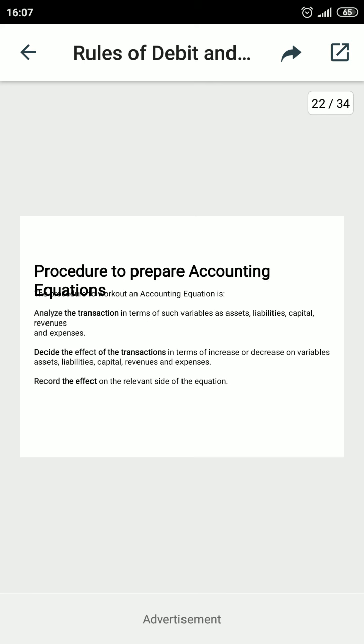If a liability is increasing or decreasing, attach it to liabilities. If capital is increasing or decreasing, attach it to capital. When revenue and expenses increase, they are attached to capital only: revenue will increase capital and expenses will decrease it. So show the effect. Only then will the result be on the equality basis of debit equals credit. Thank you.